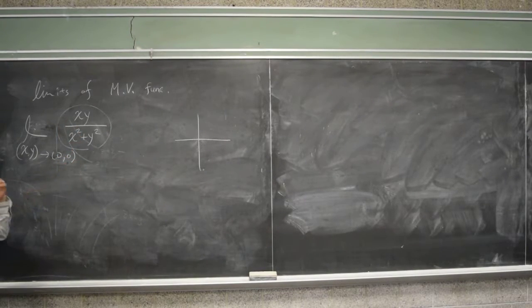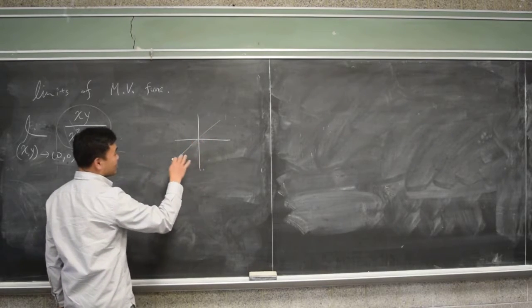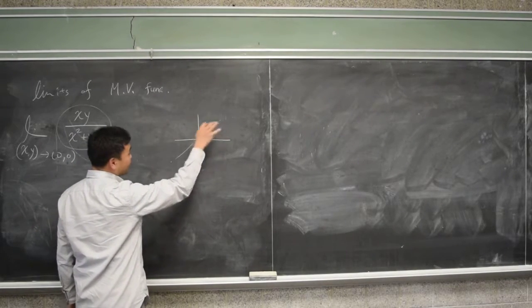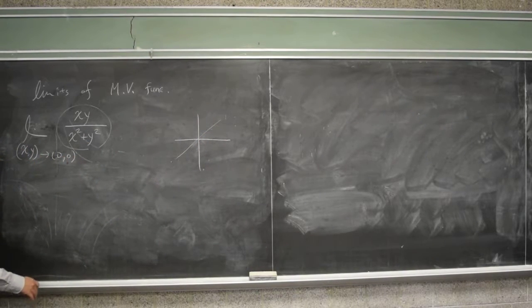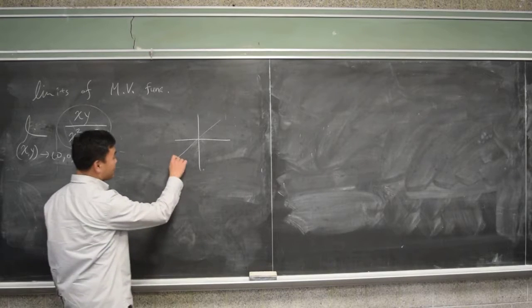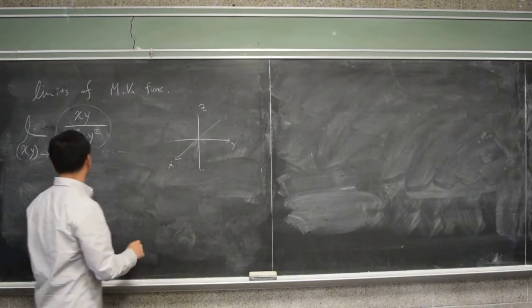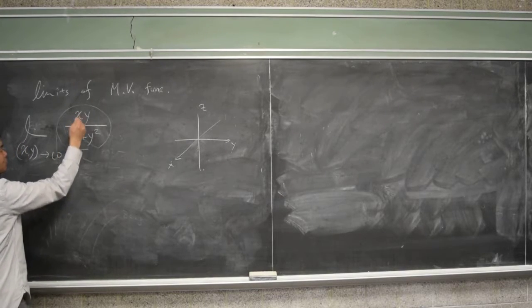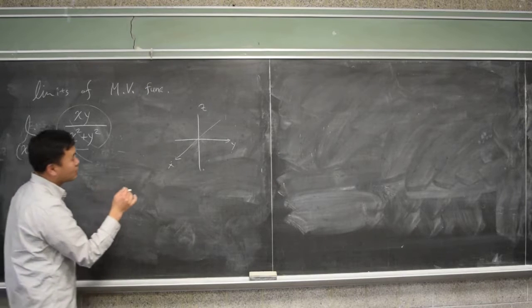Now, I really don't have an idea of what this function is, but it's some kind of surface over the xy plane, right? X and y, and z. For example, if I plug in 1 and 1, that's 1 over 2, that's 1/2.